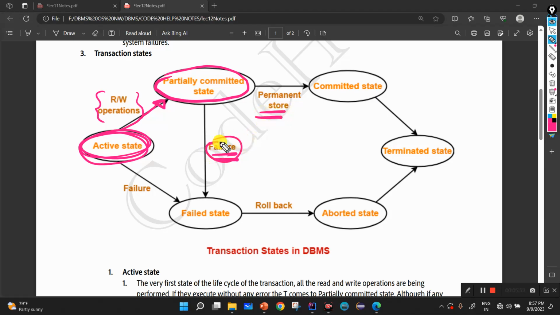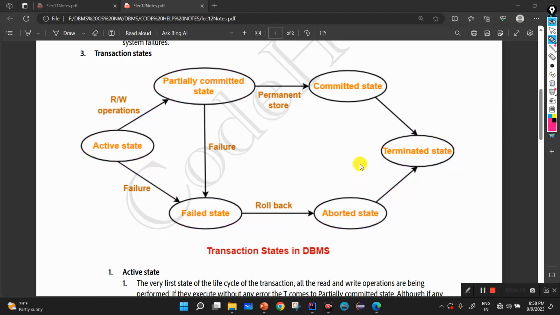If there occurs a failure, then it goes to the failed state. Similarly, if not in the partially committed state, it can directly go to failed. After the failed state it rolls back to the aborted state, and after the aborted state it goes to the terminated state. Terminated is our final state.